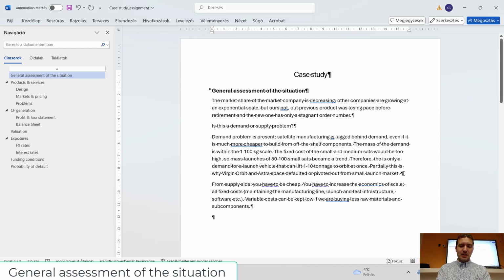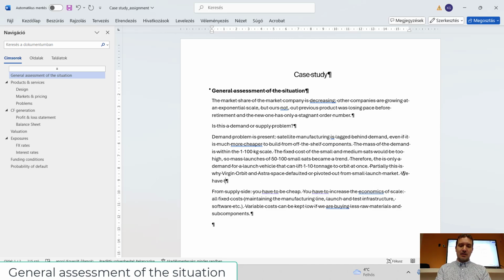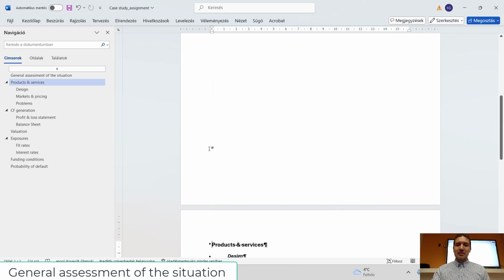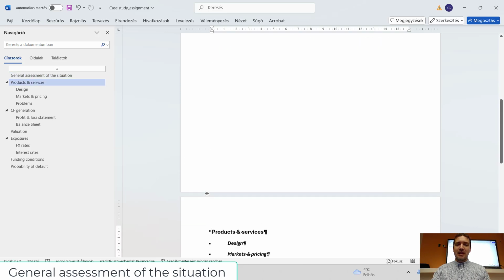So right now, this is a general assessment. Maybe we can expand it in the future, but right now we can see that this is the case.